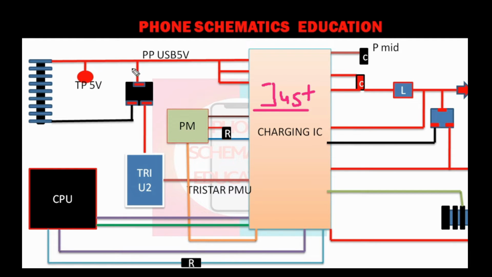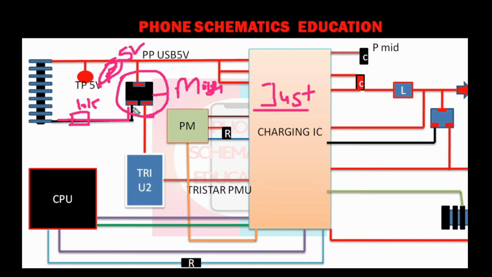Now after that, you will see a transistor, you will see a MOSFET, right? Now MOSFET drain is connected with the 5 volt line and gate connected with the ground pin with a 10K resistance. Now source is connected with the U2 IC, right?